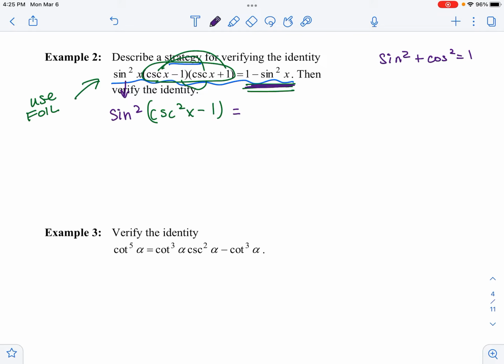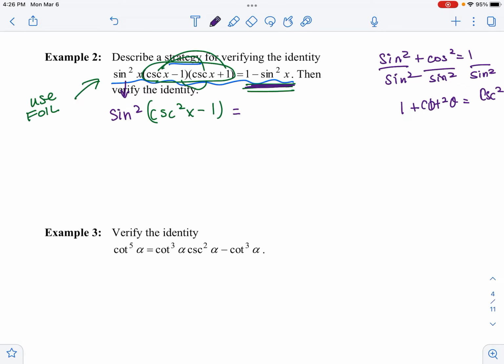If I want to get cosecant, if I divide everything by sine squared, and this is if you don't have your notes in front of you, which you do, this will be easier, you're going to get 1 plus cotangent squared equals cosecant squared.